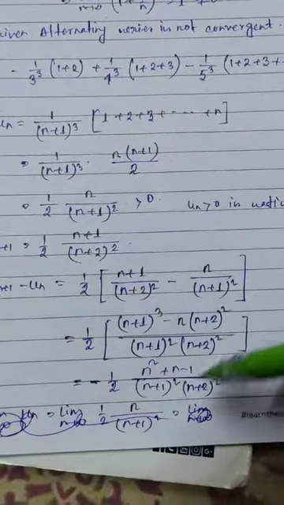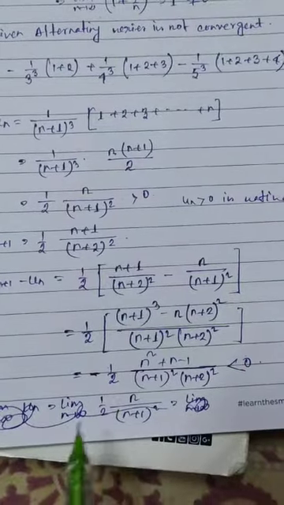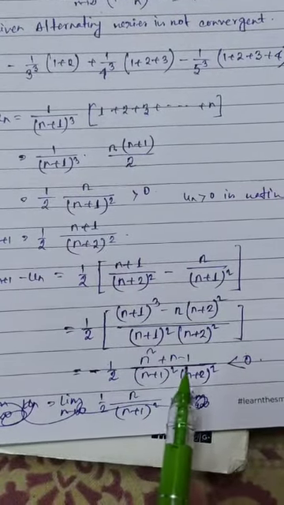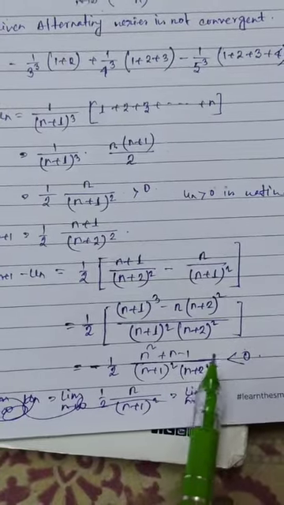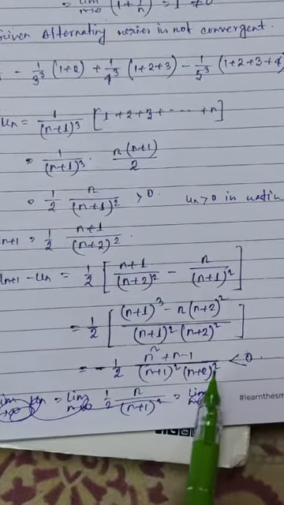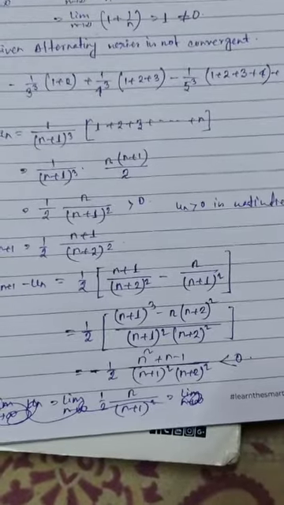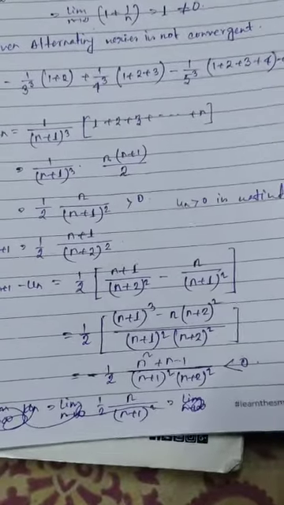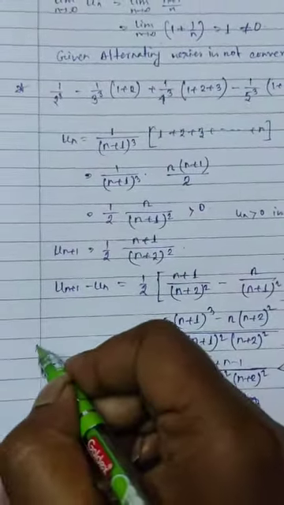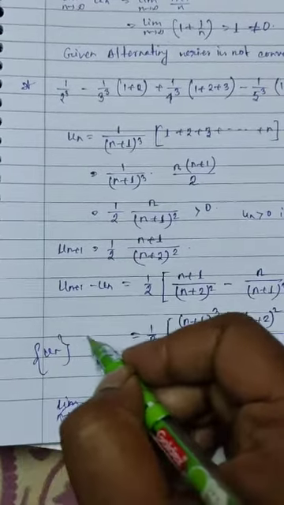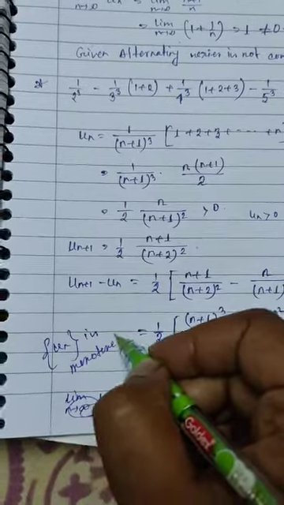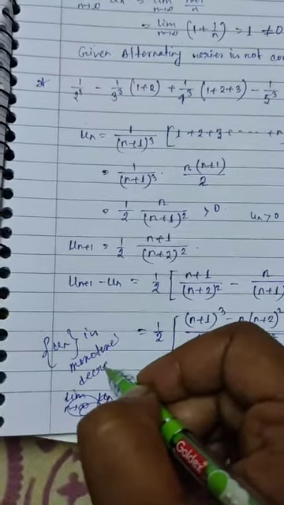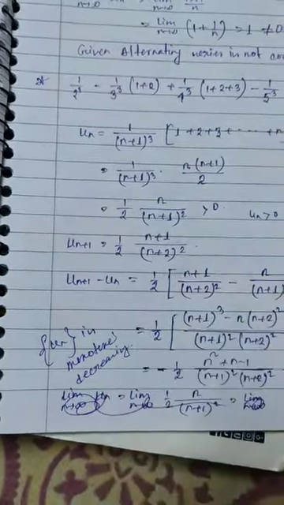And if we now simplify, we will get minus half of (n square plus n minus 1) divided by (n plus 1) whole square into (n plus 2) whole square, which is less than 0. So now we can say that the second condition of the Leibniz theorem, that the sequence un is monotone decreasing, is also satisfied.